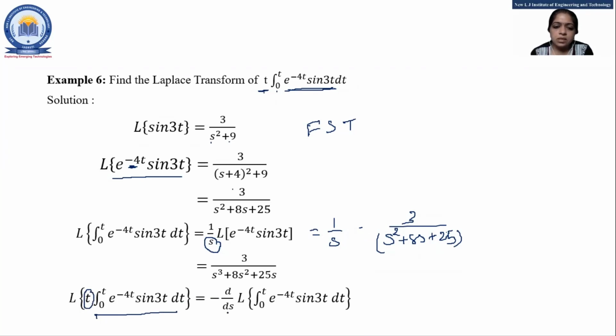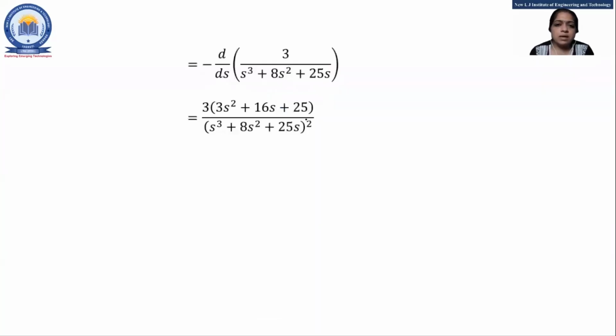So we'll put minus d by ds, as t is in the multiplication, and Laplace of this term. And Laplace of this term is what? 3 upon s cube plus 8s square plus 25s. So minus d by ds of 3 upon s cube plus 8s square plus 25s.